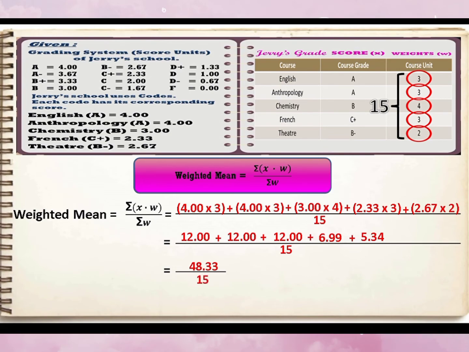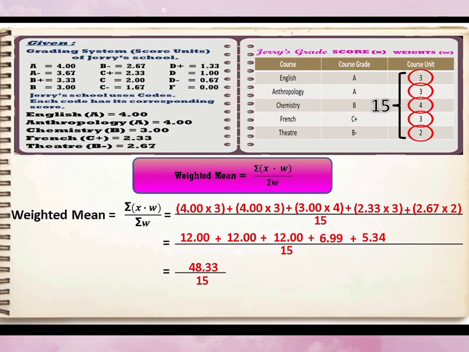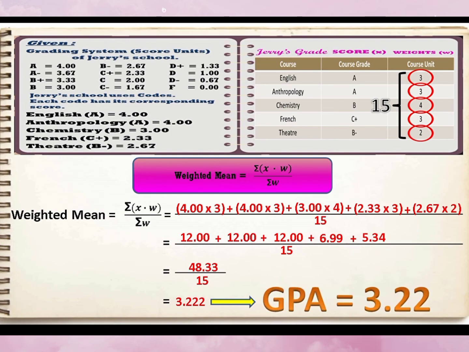And again, copy this 15 below. So, now let's divide 48.33 by 15 and the answer will be 3.222. But since our task is to round it to the nearest hundredths, the grade point average of Jerry will be 3.22. Now, why don't you try to get your GPA?